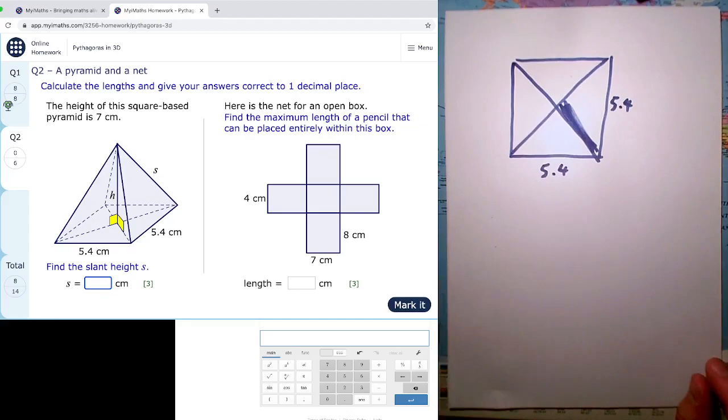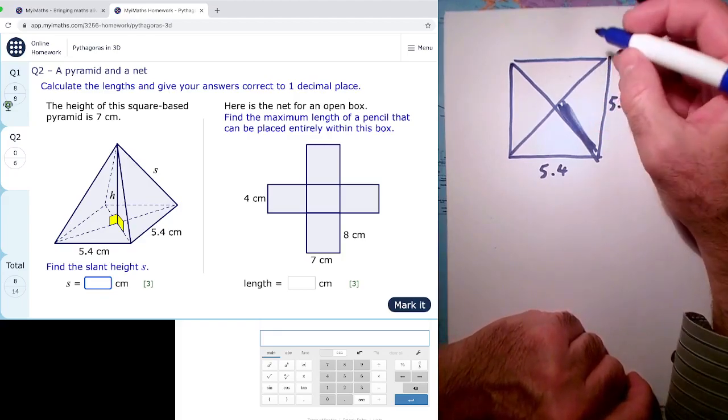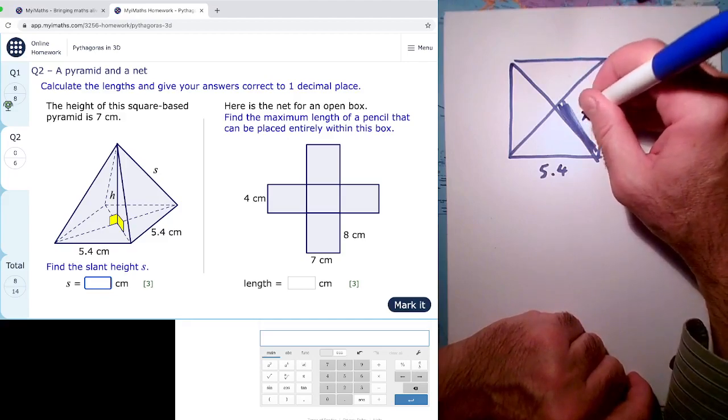It's the base of the upright right-angled triangle that we need in the other calculation. So let's call it x.